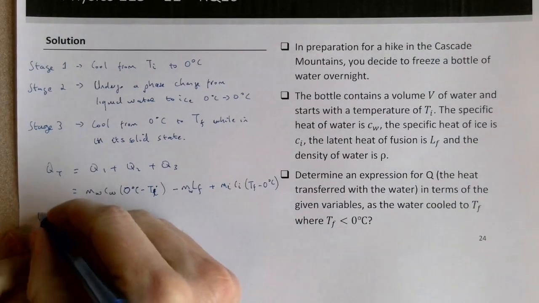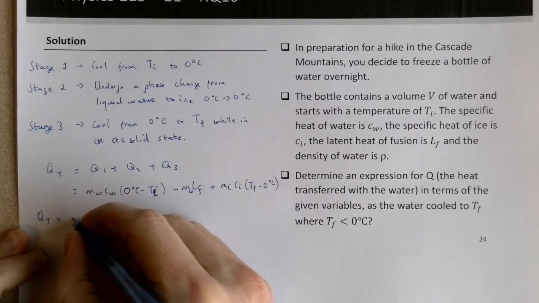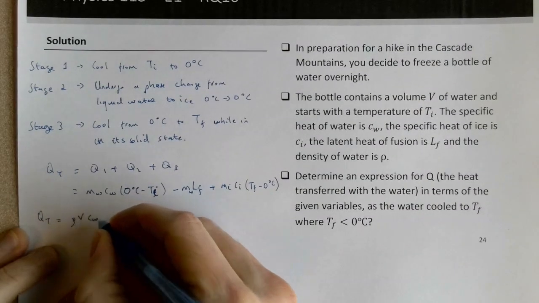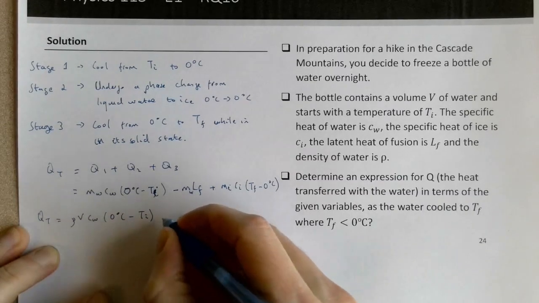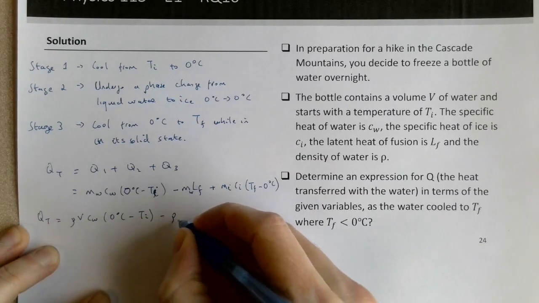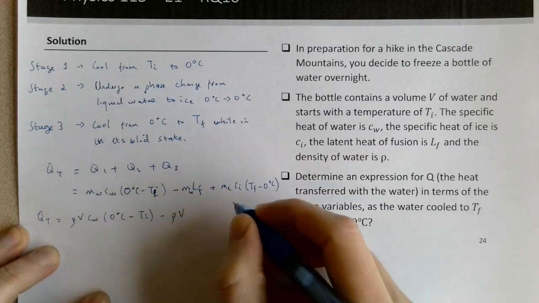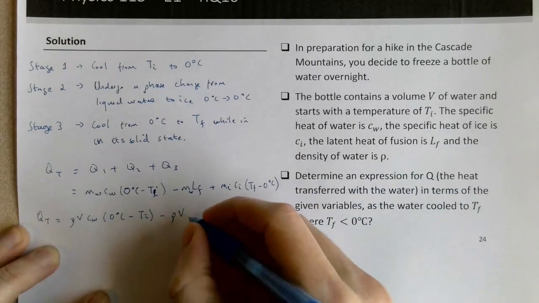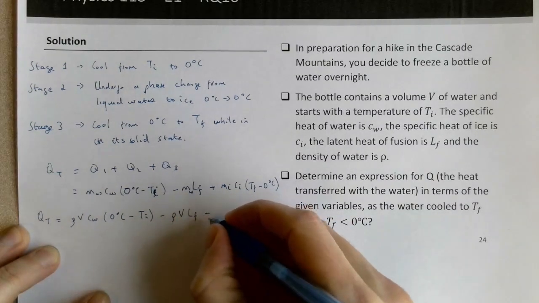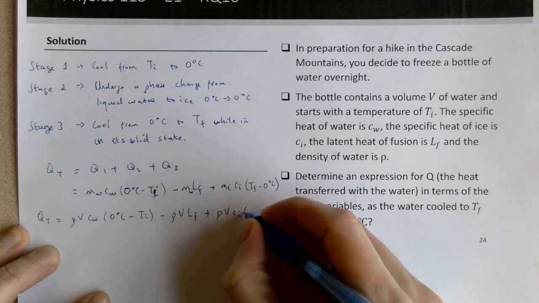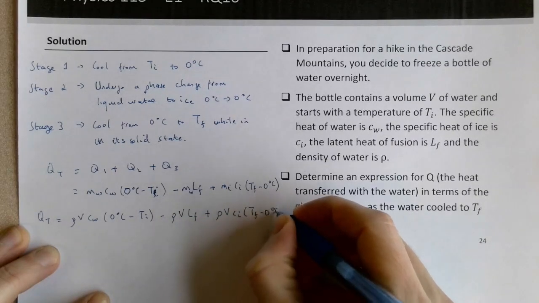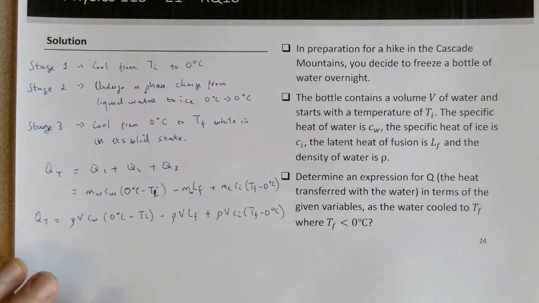So I'm going to write this as ρ times V times Cw, 0 degrees minus Ti, minus ρ times V times Lf, plus ρ times V times Ci, Tf minus 0 degrees. I guess I could have taken out the m terms first before I did all this, but too late now. The common term across all is ρ times V, which is the mass.